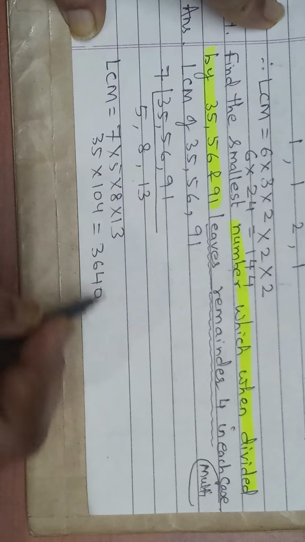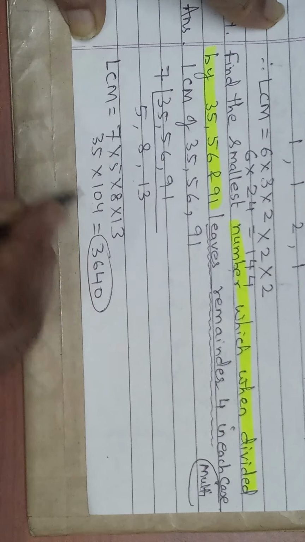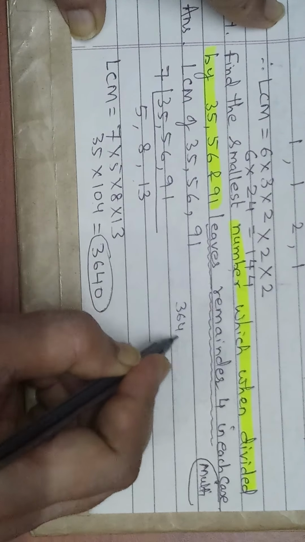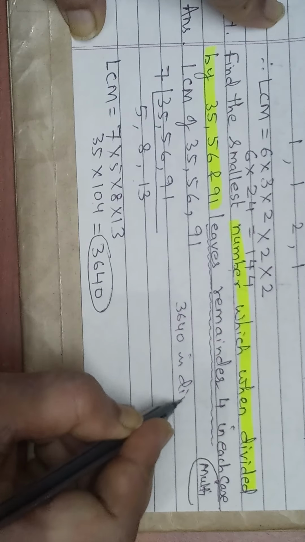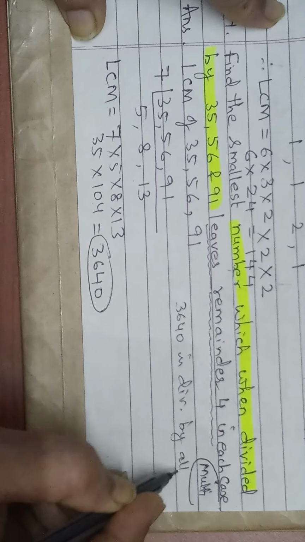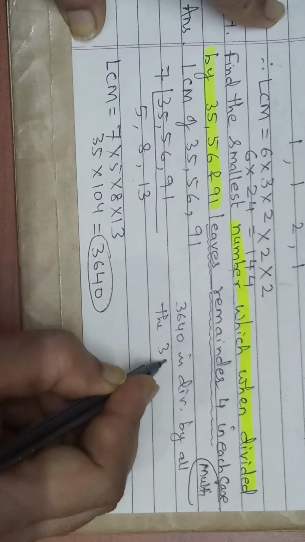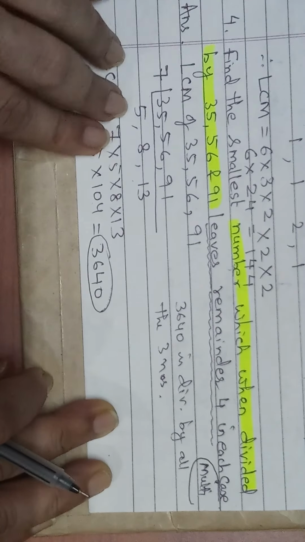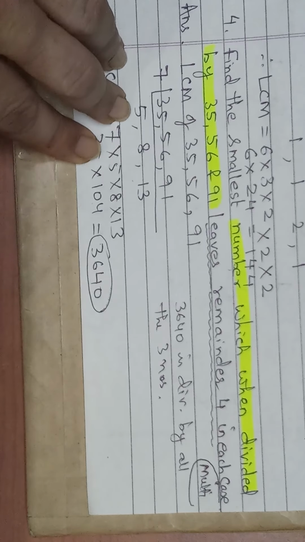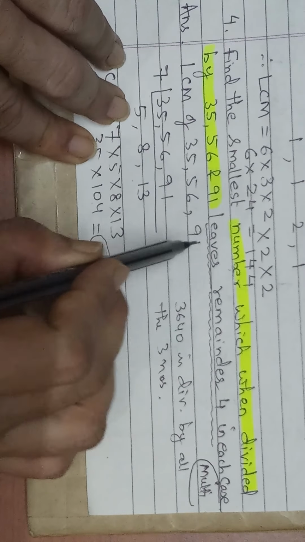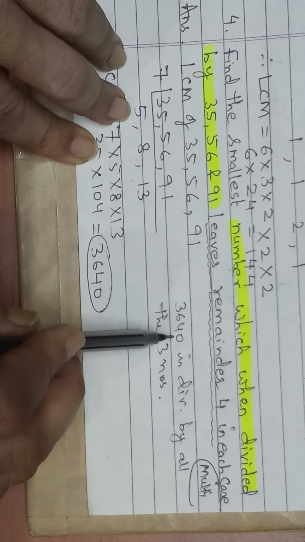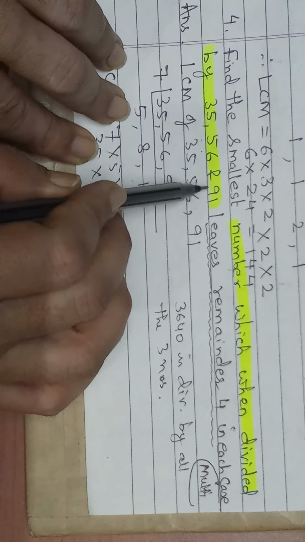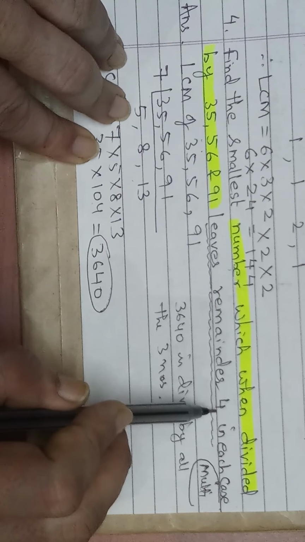That means 3640 is divisible by all the three numbers. Alright? But we don't want a number which is exactly divisible. They are saying I want a number which when divided by these numbers is leaving remainder 4.